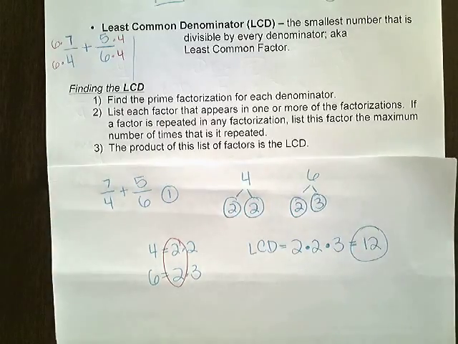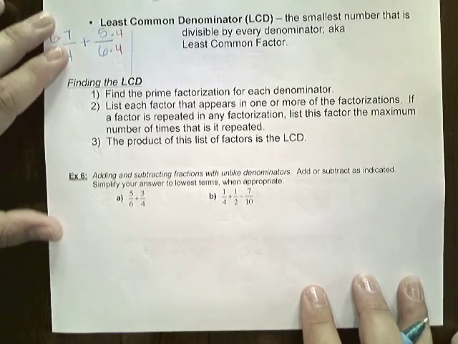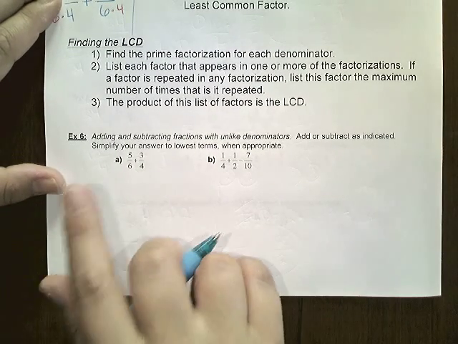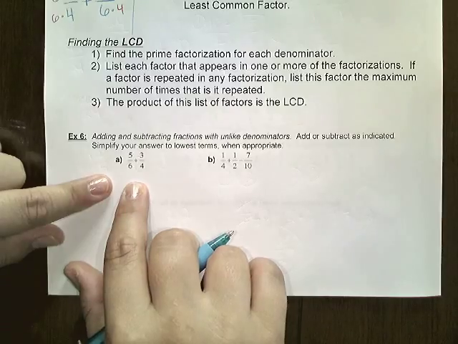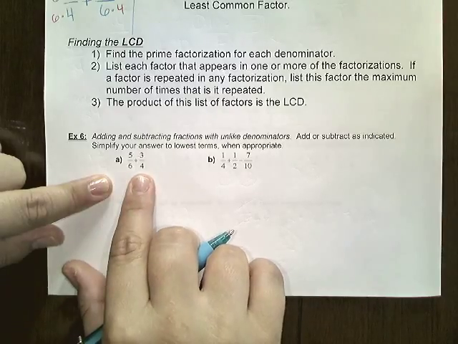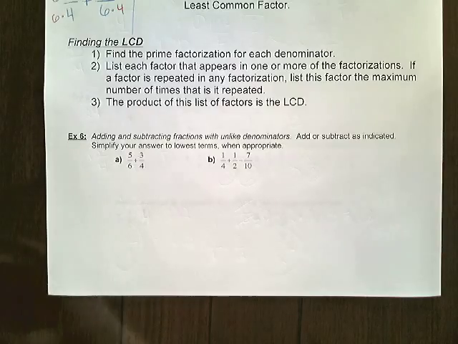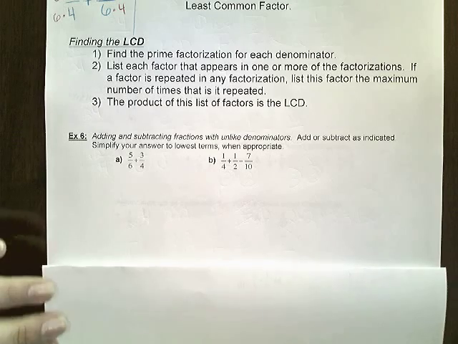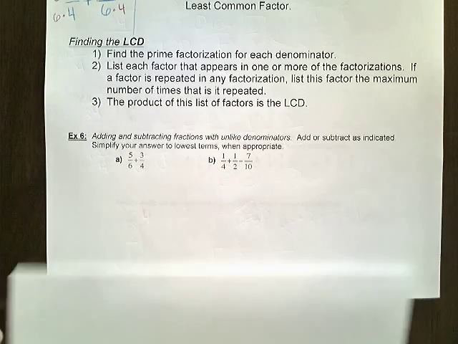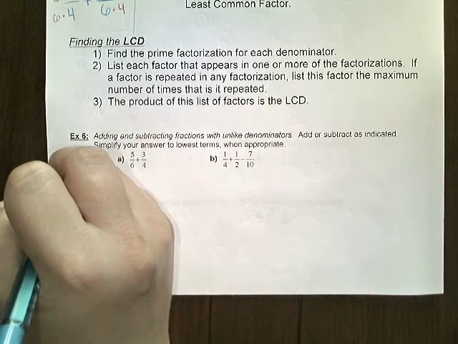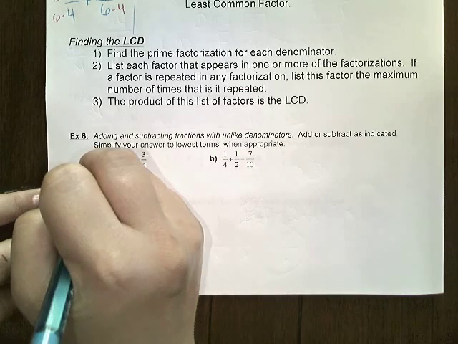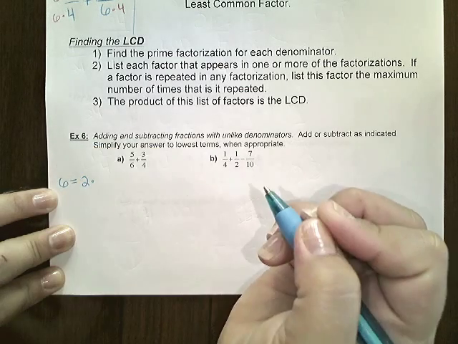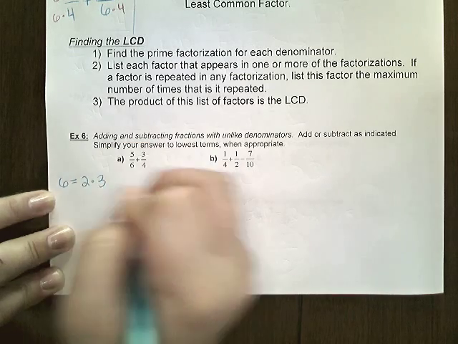Let's try an actual example with this without me having to flip my paper a bazillion times. We want to add these together. We have denominators of 6 and 4, and our first step is to find the prime factorization for each denominator. The prime factorization for 6 is 2 times 3.